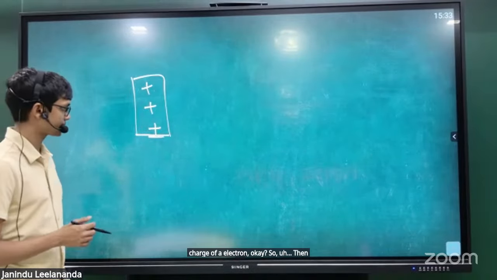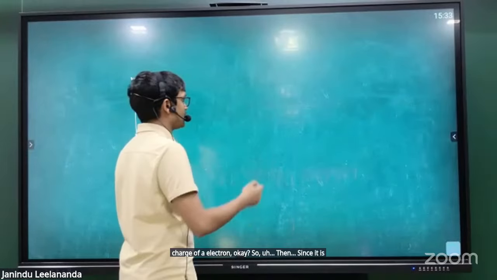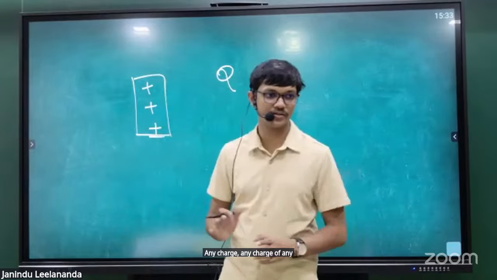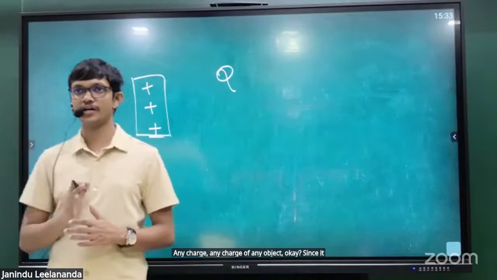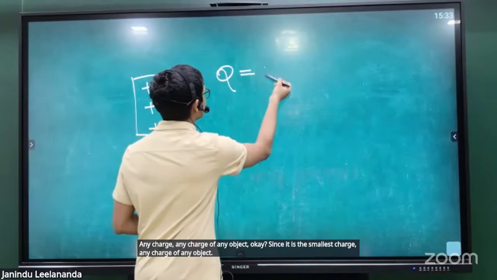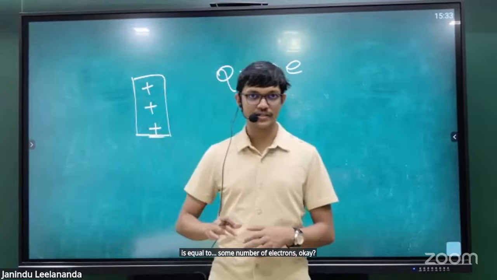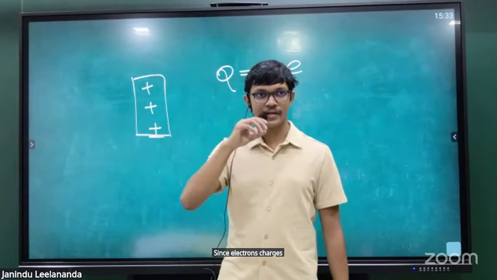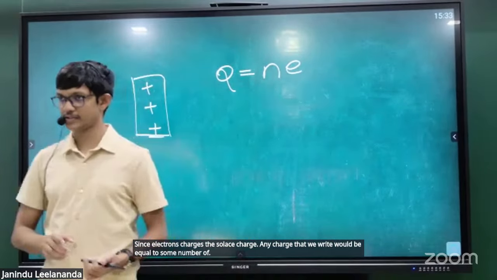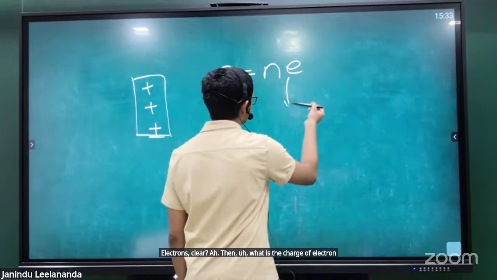Since it is the smallest charge, any charge of any object is equal to some number of electrons. Clear?